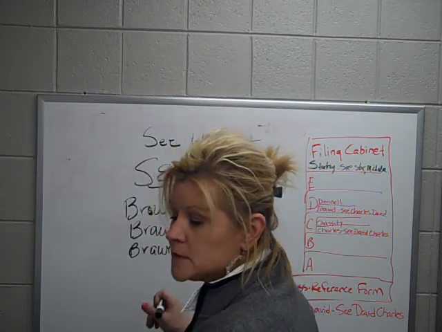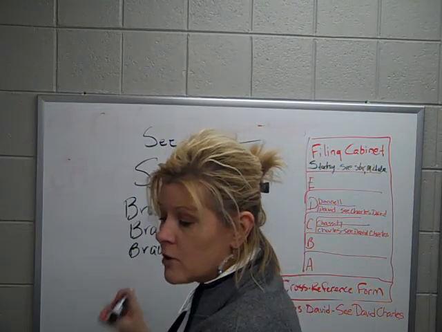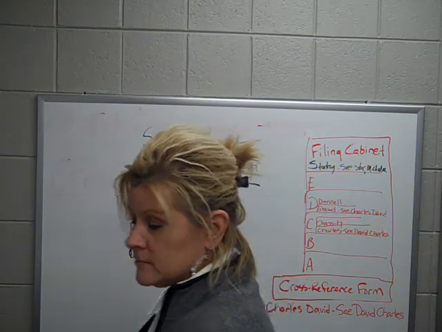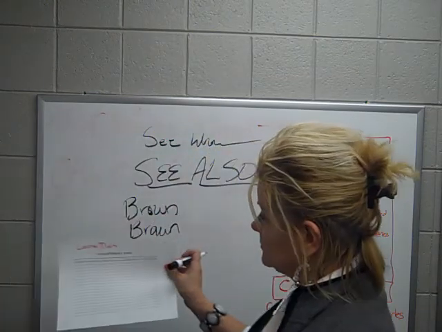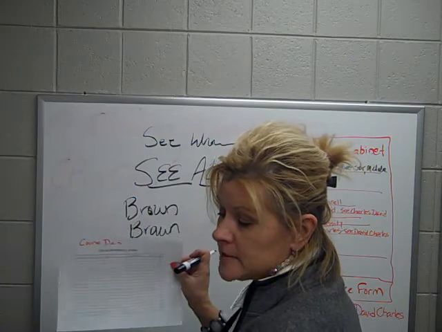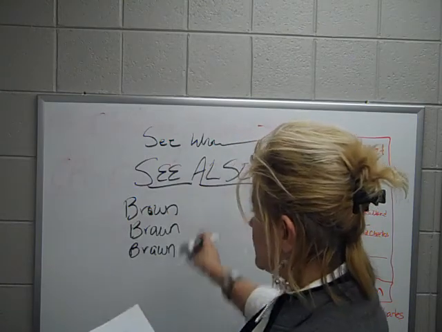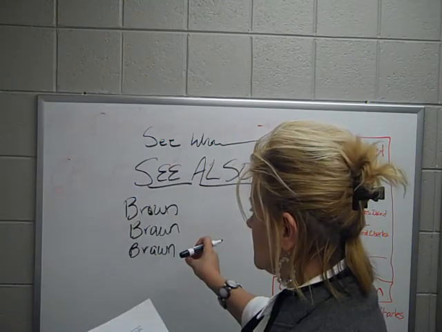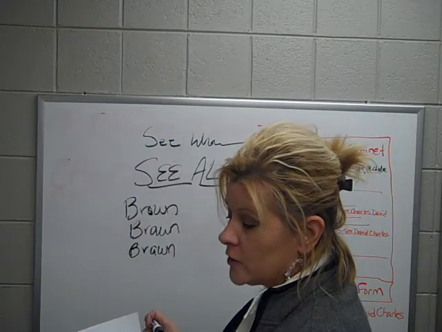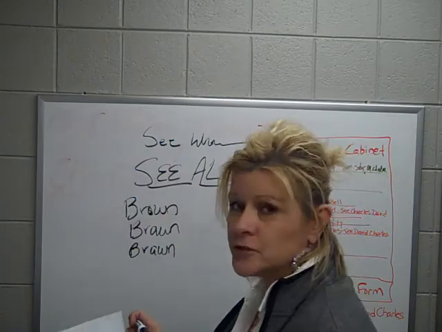So in a correspondence file, there would likely be a permanent cross-reference sheet, this one right here, so that if you have a lot of the same sounds, but they're spelled differently, then you're going to have to do it on a cross-reference sheet.